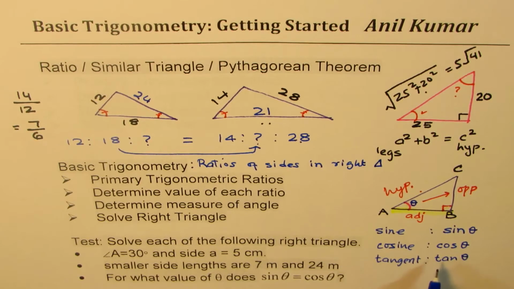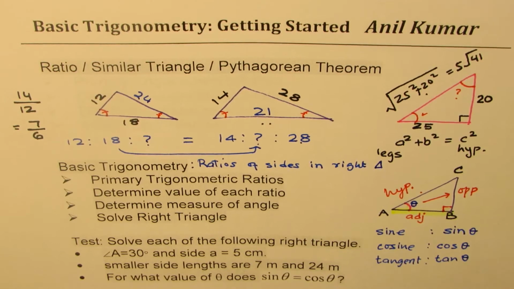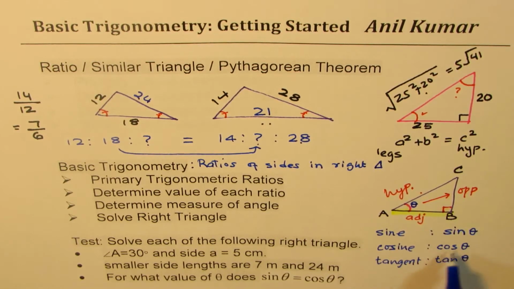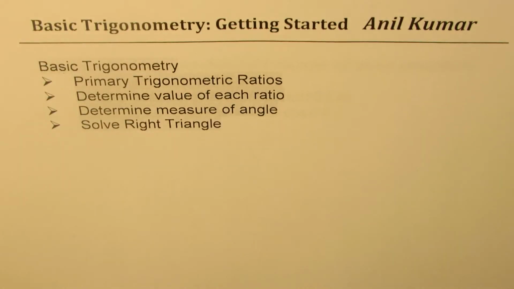So that is what they are. Now we'll get into this detail in the following sheet, and then we'll discuss how to use these terms to find the angle in a right triangle, correct? So using Pythagorean theorem, you could only find the sides, not the angle, correct? So let's move on now.